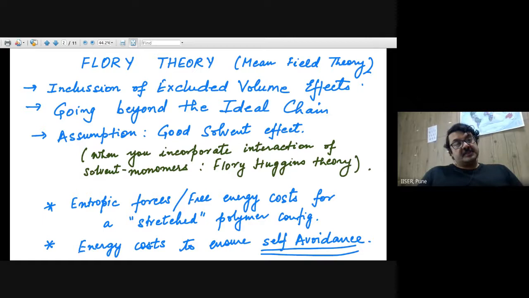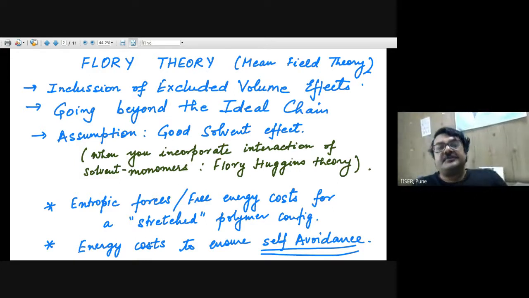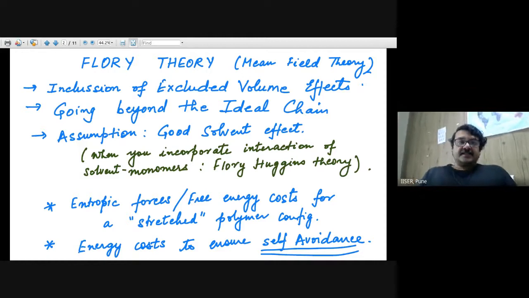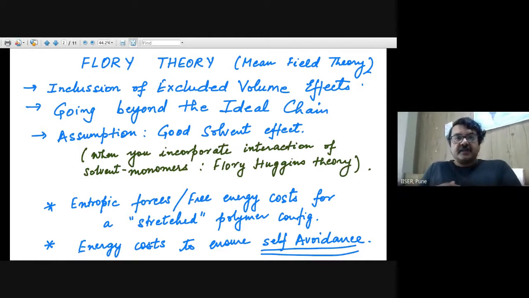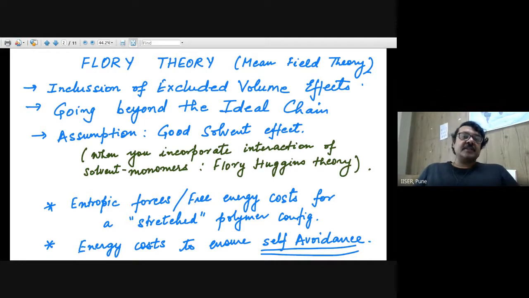We had been using the random walk model, the statistics of end-to-end distance vectors, and what is the distribution of end-to-end vectors in the polymer chain. But then we also discussed that an estimate of the polymer size from the end-to-end vector might not be an appropriate way, or a good estimate of the size of the polymer chain, and hence we introduced the idea of the radius of gyration.